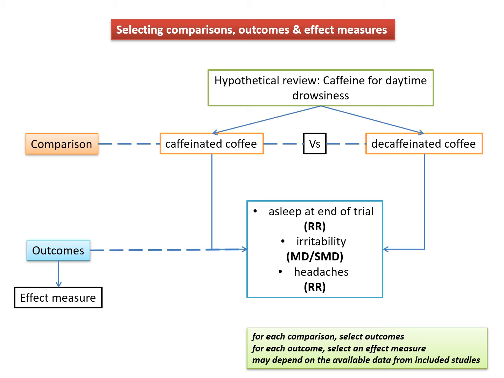For example, risk ratio for feeling asleep at the end of the trial, mean difference or standardized mean difference for irritability, and risk ratio for the presence of headache. To summarize, for each comparison, we select the outcomes, and for each outcome, we select the effect measure. All the aforementioned depend on the availability of studies or manageable authors' data.